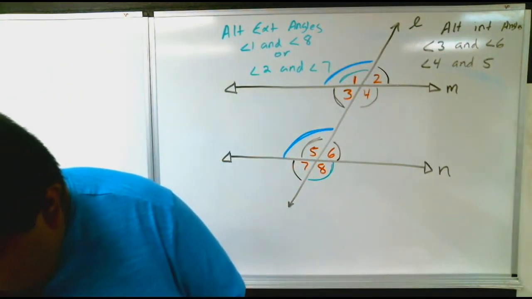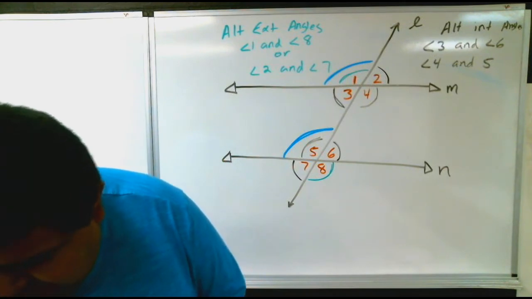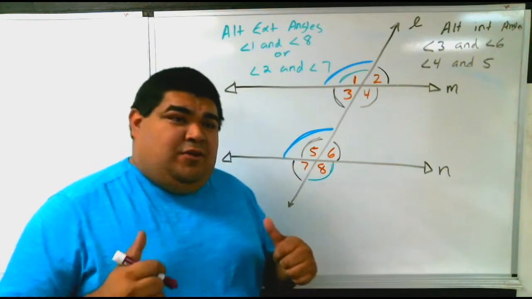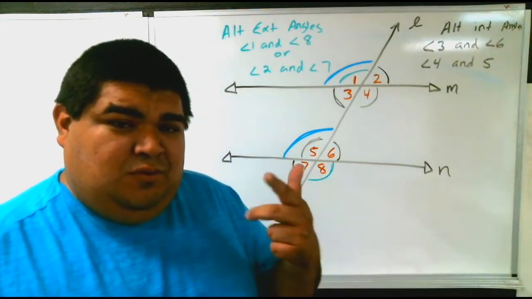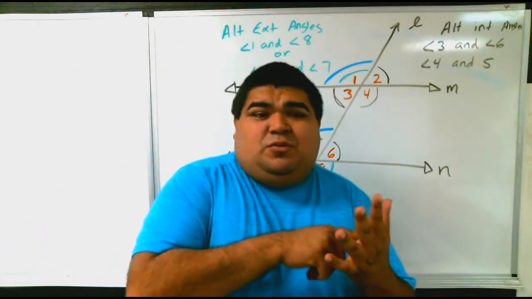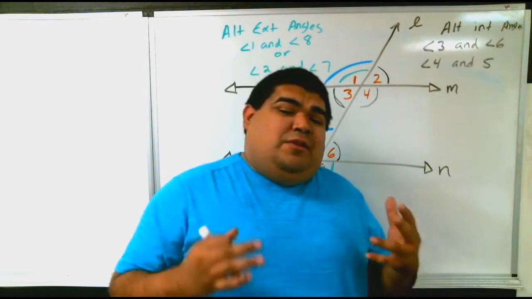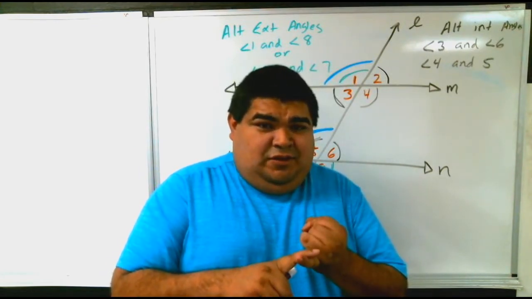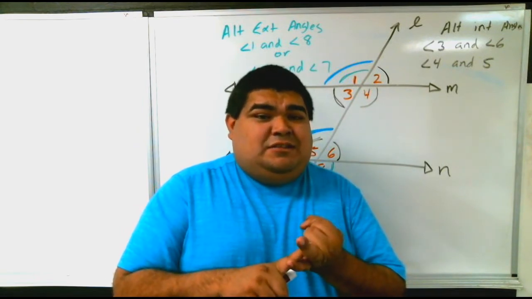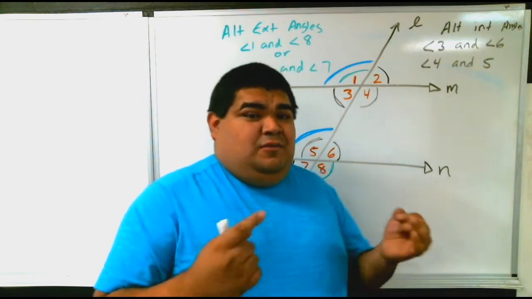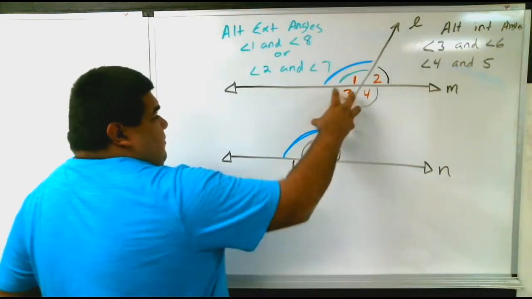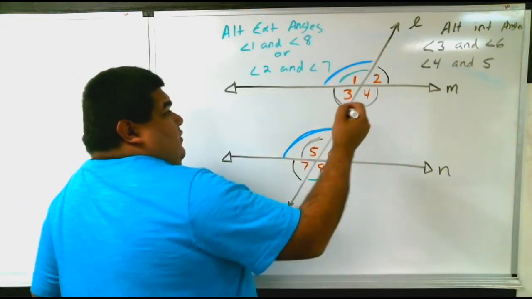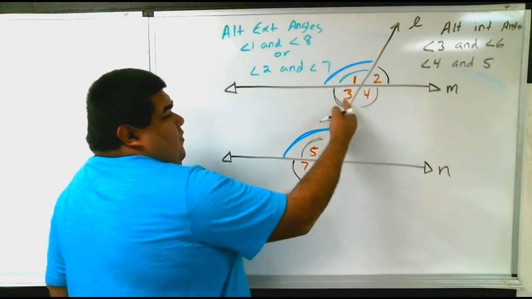And finally, consecutive interior angles. It says it in the name. Consecutive, think of when you're counting: 1, 2, 3, 4. They're next to each other, right? The same with consecutive interior angles. They're consecutive, meaning they're next to each other. They're on the inside, because consecutive interior. You might say 3 and 4 are next to each other.